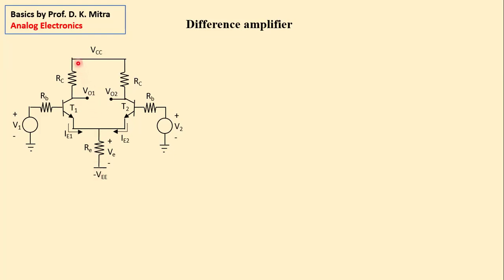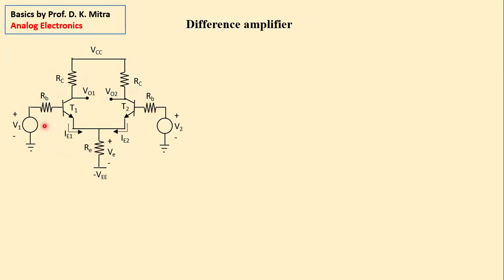Number 2 point, you find there are a left half and a right half. There are two identical circuits. Here we have shown only the input base resistor RB and collector resistor RC. Here also RC and RB. Although, as I said, an actual practical difference amplifier will have many other components.